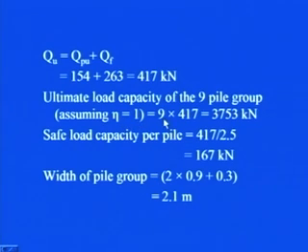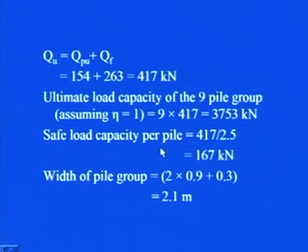So you simply have to multiply this quantity by the number of piles in the group, that is 9 into 417, which results into 3753 kilonewton.